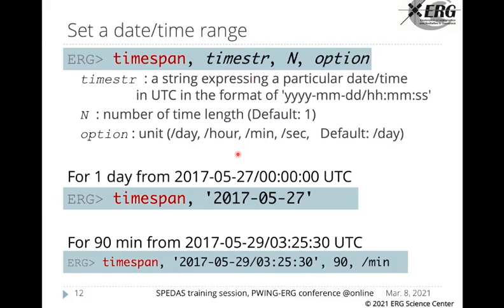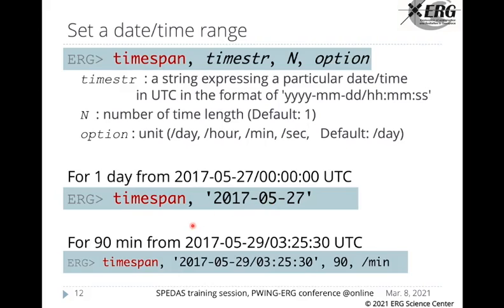Okay, and you can just omit the length, the number of time lengths, and this option. Then you can just write time span, comma, 2017 May 27th. That means a 1 day period from the start time of this May 27th, 2017.